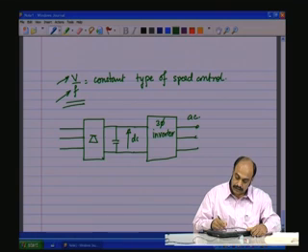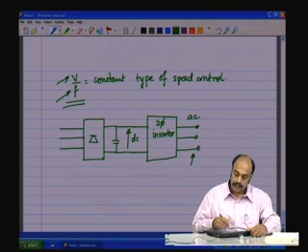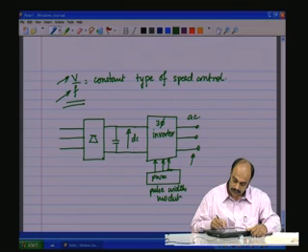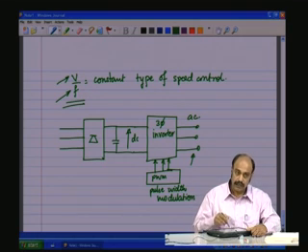But the three-phase AC here, the frequency can be controlled by giving PWM or pulse width modulation. So by pulse width modulation, the frequency of the inverter here can be controlled from 0 to 50 hertz or even greater.